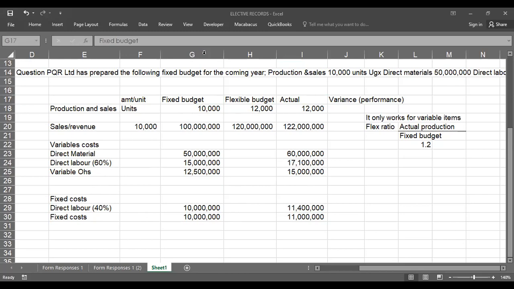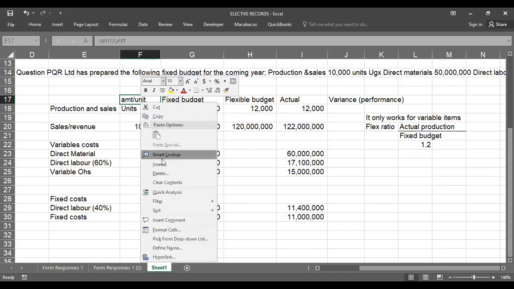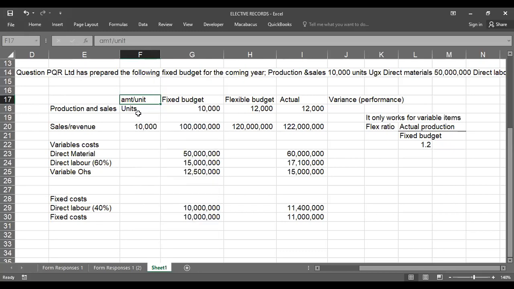On your formula without using ratios, you determine the cost per unit, what I put here as the amount per unit. That is, in case I had sold only one unit, how much would it be?